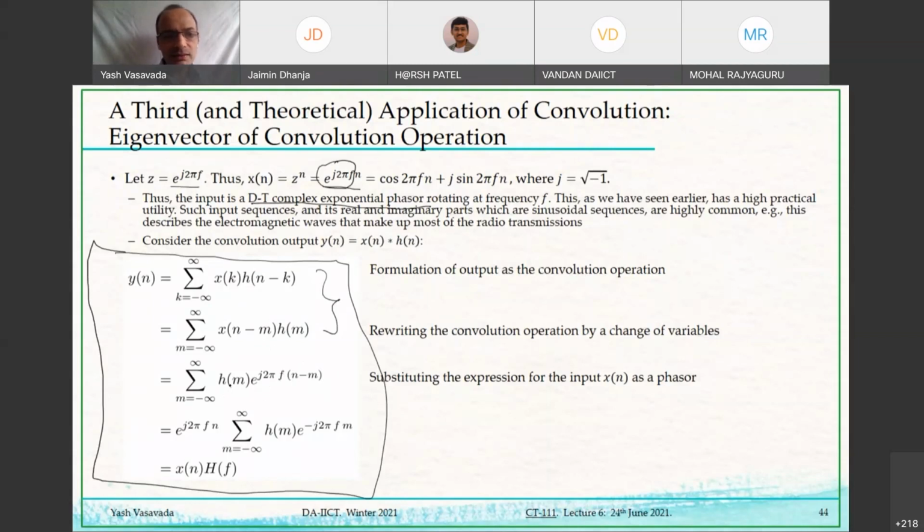Now, just like what I did on the previous slide, I pulled out the e to the power j2 pi fn term, but this is nothing but our x of n. So in the last line, I substituted x of n for that. The remaining part here, which is in the bracket, becomes h of f instead of h of z, because now this is a function of frequency f.